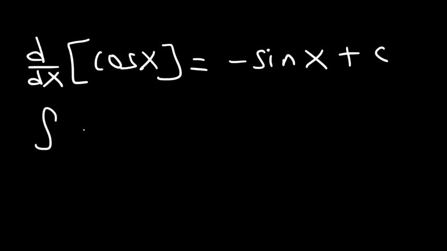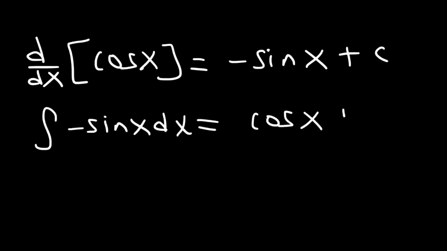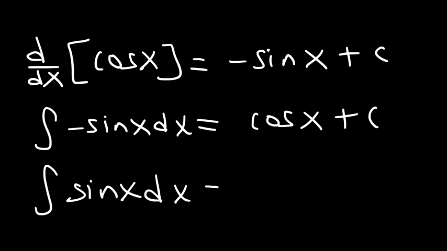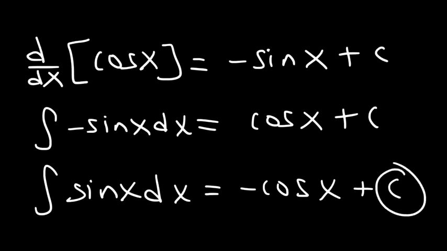So the antiderivative of negative sine x dx has to be positive cosine x plus c, which means that the antiderivative of positive sine x dx must be negative cosine x if we reverse the sign. And there's no point reversing the sign for the constant because c could be 5 or negative 5, it doesn't matter.